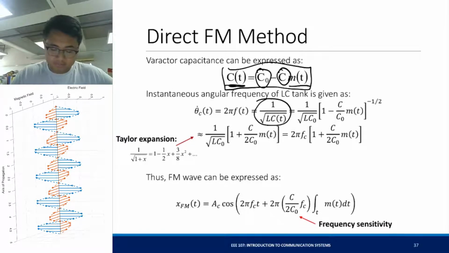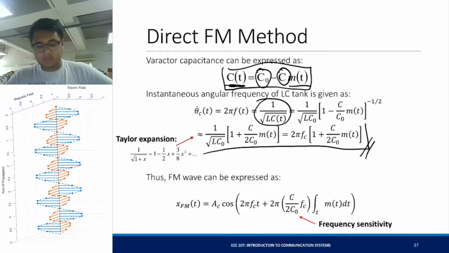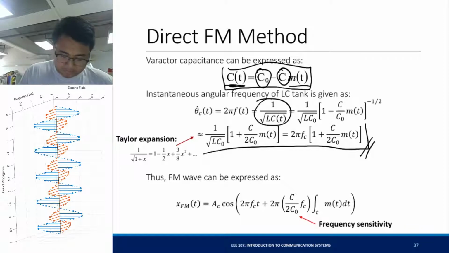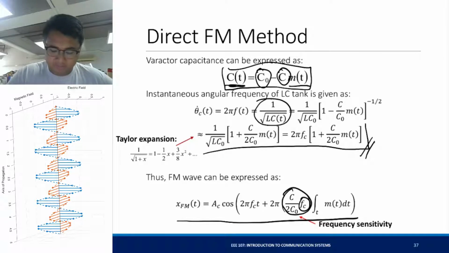And then we get this expression for your instantaneous angular frequency. Thus, the FM wave can now be expressed as this expression right here, and you have your frequency sensitivity right here. Okay. As you can see, the frequency sensitivity is dependent on the center frequency of your oscillator and the parameters of your varicap.